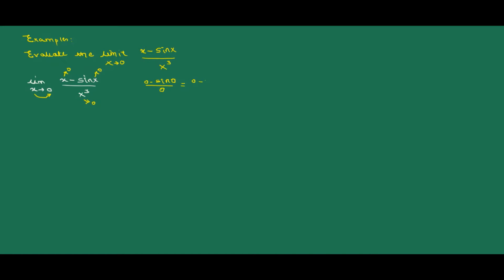Sin 0 is also equal to 0, so you will get 0 divided by 0. So in such cases we can use L'Hospital's rule. And what is L'Hospital's rule? You have to differentiate numerator and denominator separately.